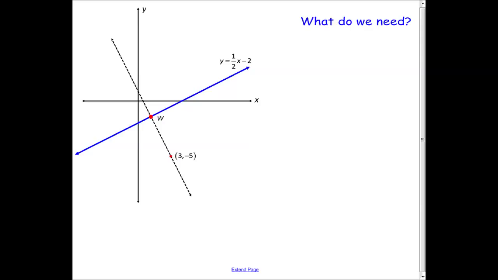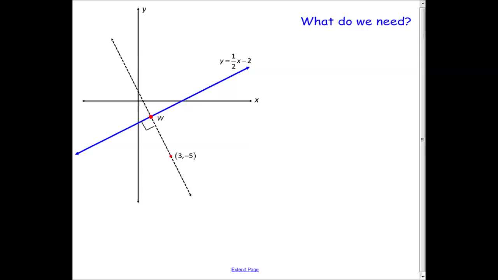I've drawn in a dotted line which is perpendicular to the blue line and intersects the blue line at the point W. The point not on the line has coordinates that are given, (3, -5), and we don't know what the coordinates of W are, but if we did find them, we'd be able to use the distance formula to find the length of that line segment, or the distance between (3, -5) and the blue line.